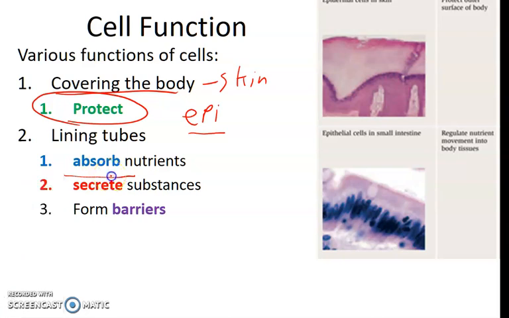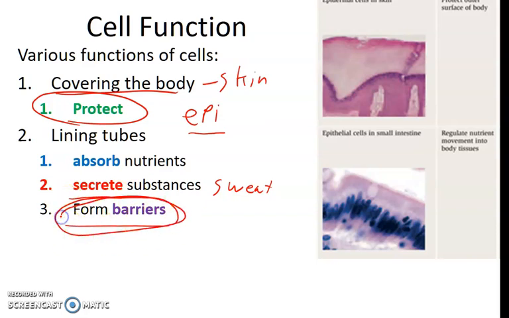Some of it absorbs nutrients, like in your intestines. Some of it secretes sweat. Or you see a chocolate cake and smell fresh baked bread. What are you going to do? You're going to salivate. That is secretion. And it forms barriers. So cells form tissues that form barriers.